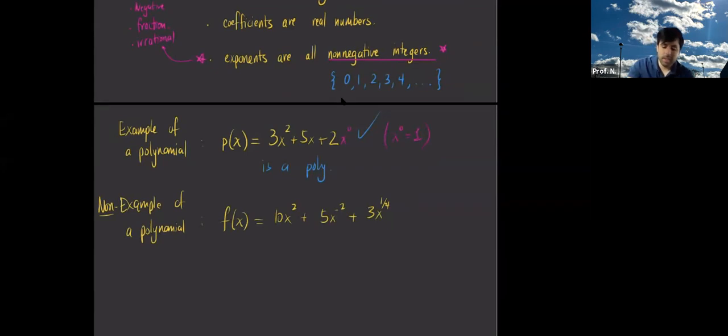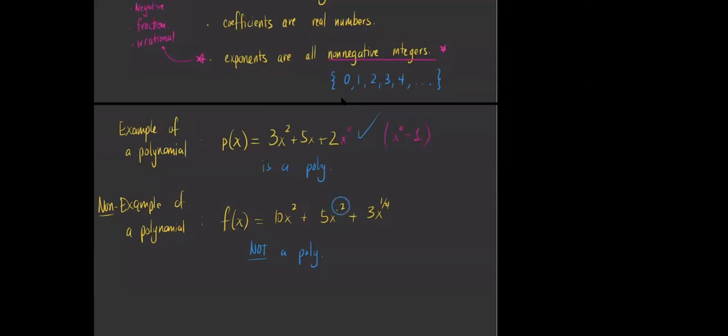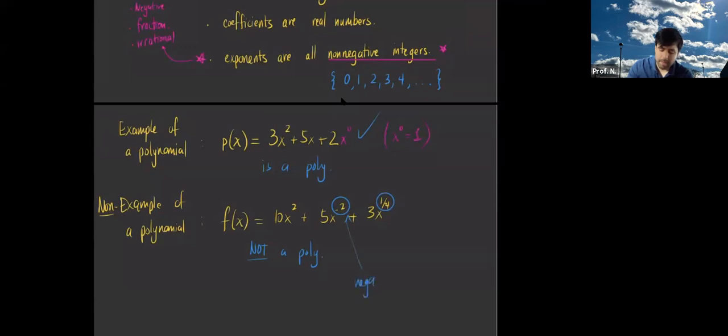So the moment you see this, what happens? Not a polynomial. Why not? What's the first flagrant violation? Negative exponent. Boom. That can't be it.